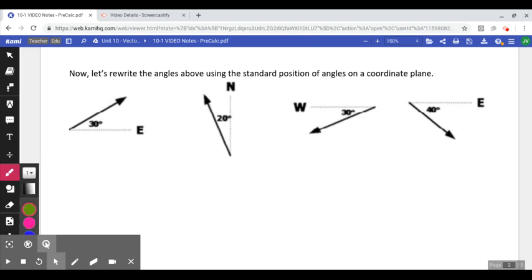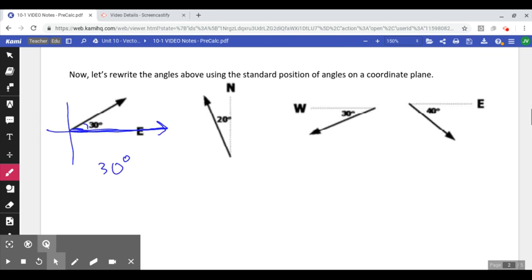In standard position, we're always going to reference the positive x-axis, no matter what the setup is, which is this direction right here. This angle, then, is going to be 30 degrees.